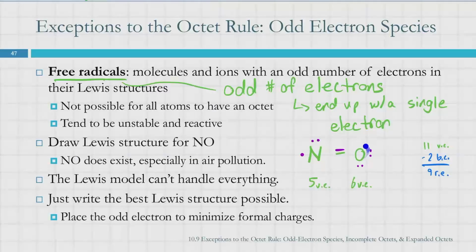So there's a double bond. Oxygen now has 2, 4, 6, 8. Nitrogen has 2, 4, 6, 7. And we can't get an even number.